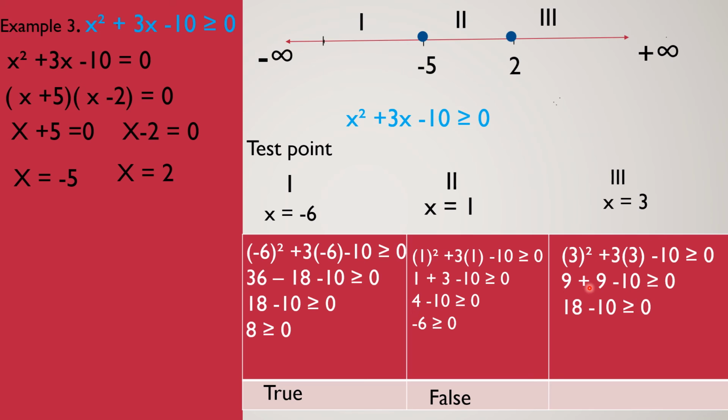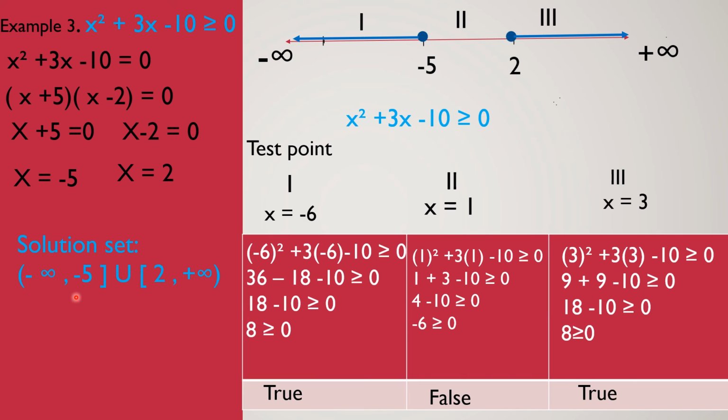So that is 18 minus 10, which is 8, greater than or equal to 0, which is true. Which means this part here is a solution and also here. So again, we're going to combine those. Okay, so the shaded part there. Our solution set in interval notation now is, start here, open parenthesis, negative infinity, because it's continuous there.